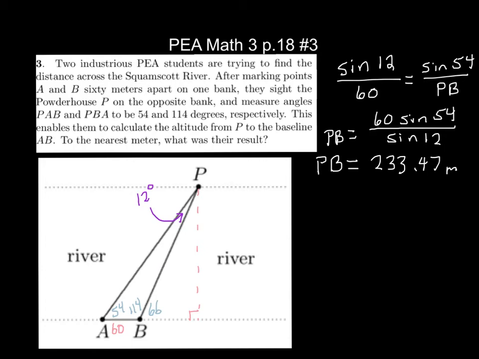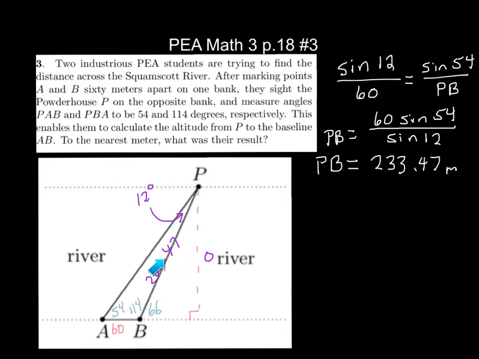So now this side over here is 233.47. We want to find this altitude. We have a right triangle now, so we can use trig functions. This is our opposite side from 66.